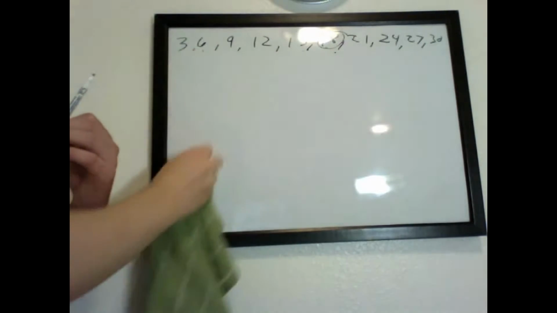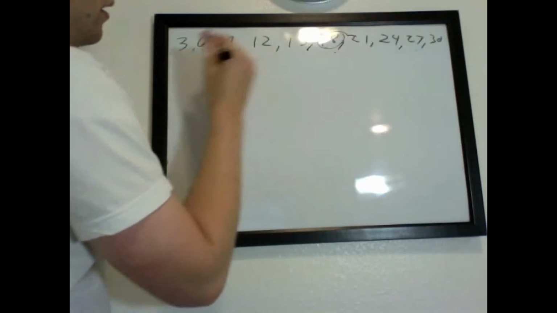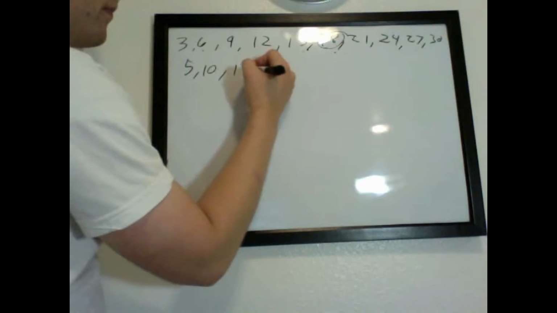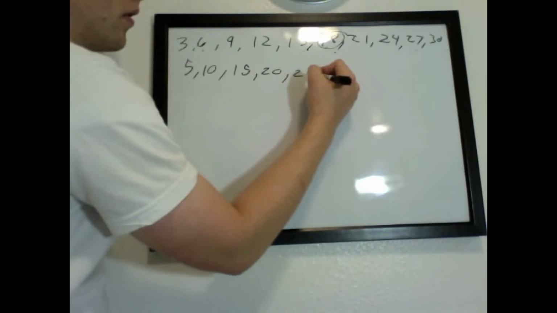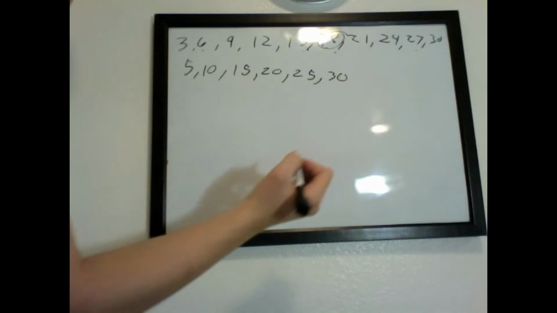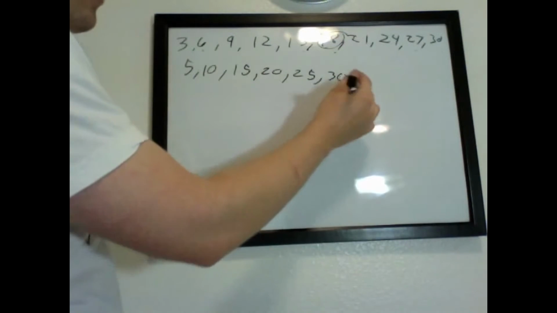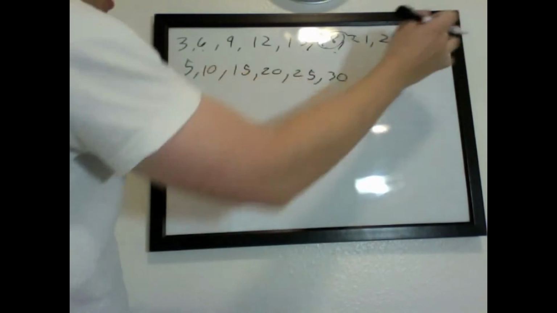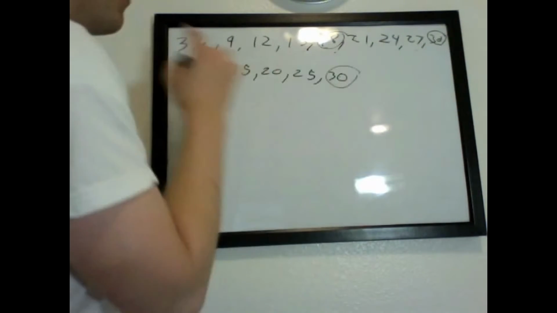Now, why would I be talking about this? Well, we're trying to find what these two lists have in common. Multiples of 5 up to 30, and multiples of 3 up to 30. Well, I know there's a 30 here and a 30 here.